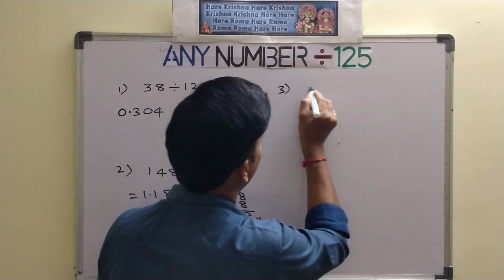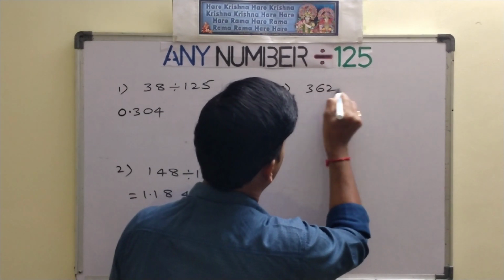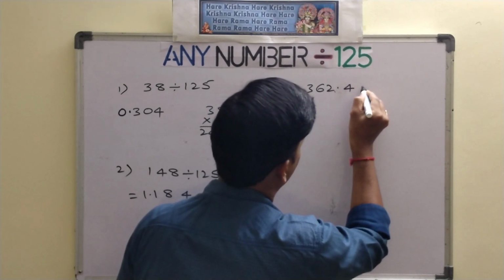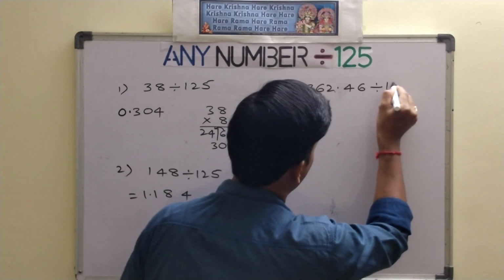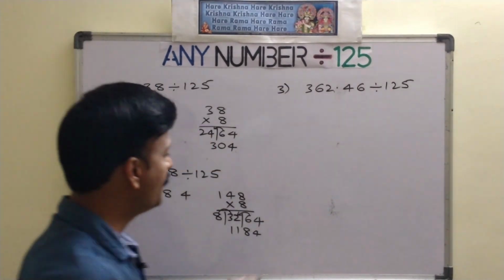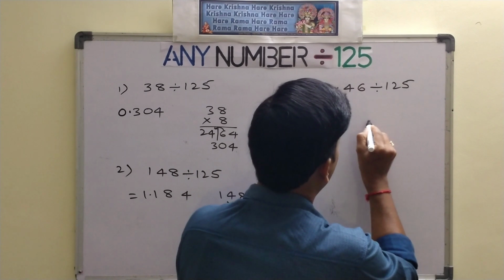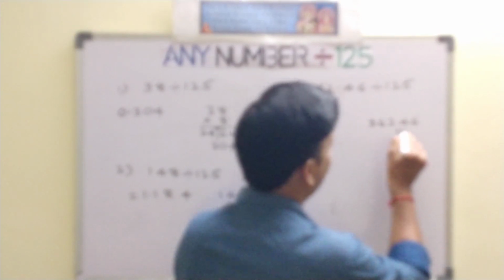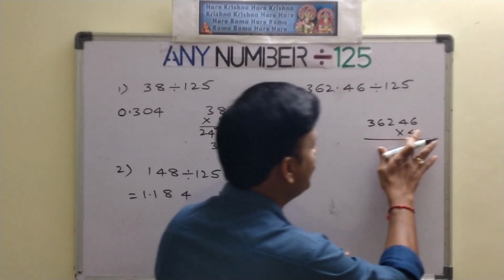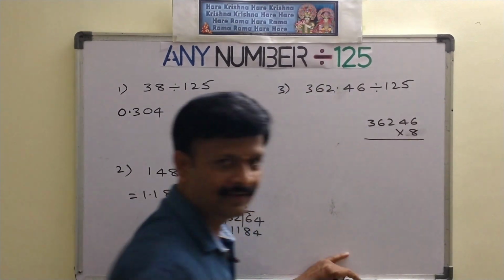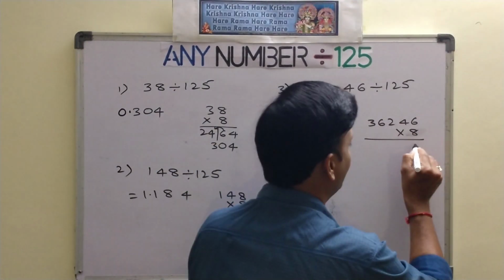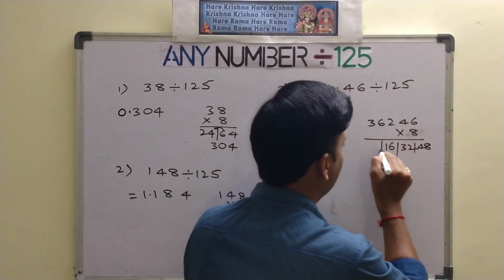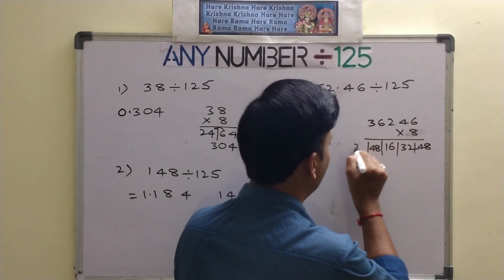Suppose one decimal number we consider here, 362.46 divided by 125. Here also you take the digits as they are, 36246 without the decimal point, and multiply by 8. 8 6s are 48, 8 4s are 32, 8 2s are 16, 8 6s are 48, 8 3s are 24.